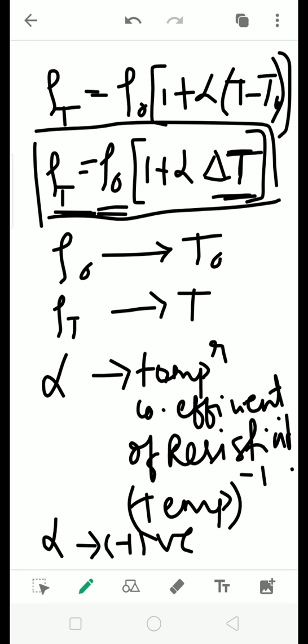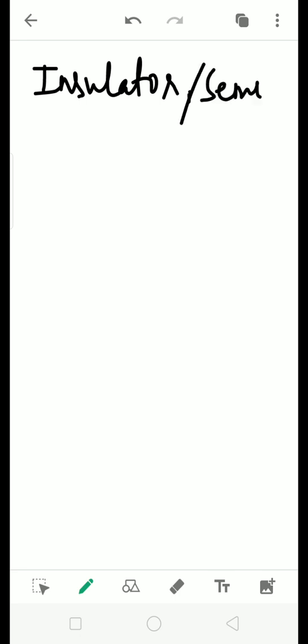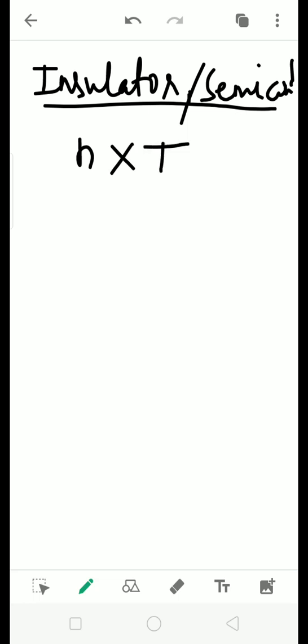Let us discuss insulators. In case of insulators or semiconductors, the n, that is our number density, is dependent upon the temperature. In case of metals, the number density does not depend upon the temperature, but in case of insulators and semiconductors, it does.